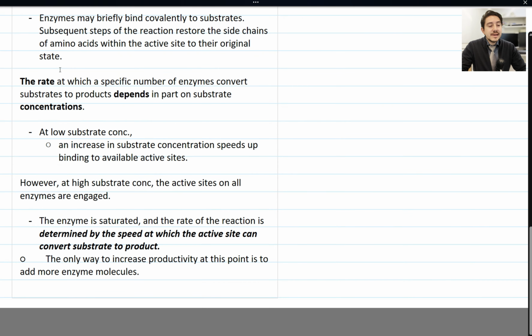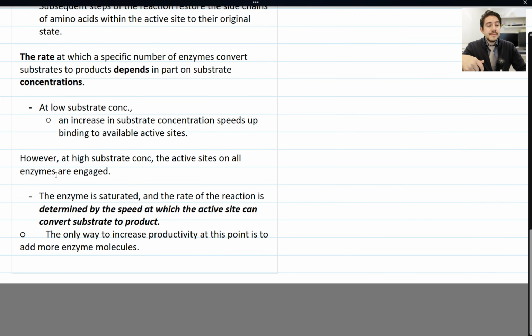The rate at which a number of enzymes can convert the substrates to the products will depend on concentrations. Of course, if you have a low substrate concentration, you can speed up the reaction by increasing the substrate concentration, because it can be used in the available binding sites, if you have a fixed amount of enzyme.